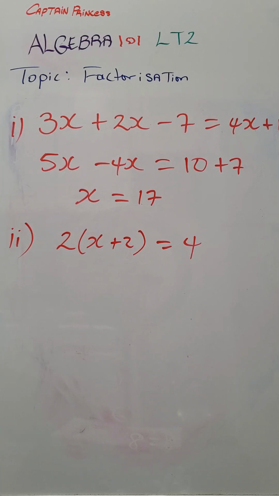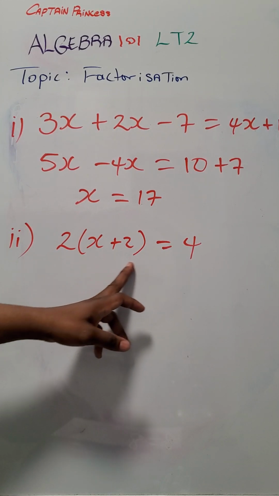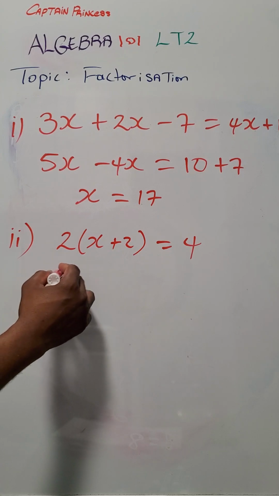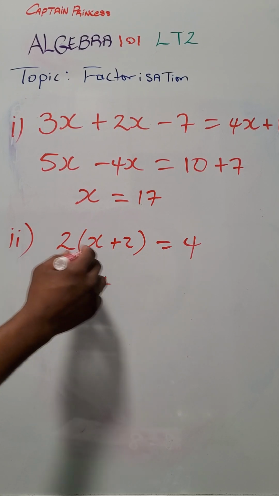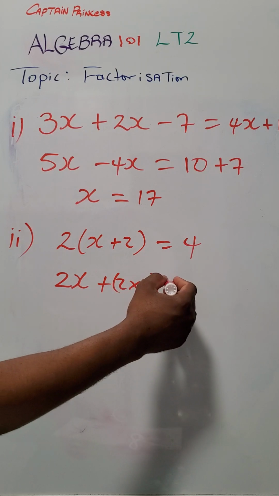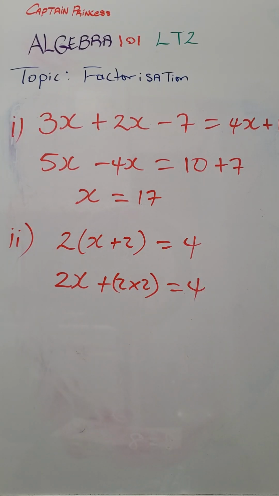So if we were to get an equation of this form to solve for the value of x, what we have to do first is to resolve the left hand side by expanding the bracket, multiplying everything inside the bracket by the 2 on the outside. You end up with 2x plus 2 times 2 equal 4.